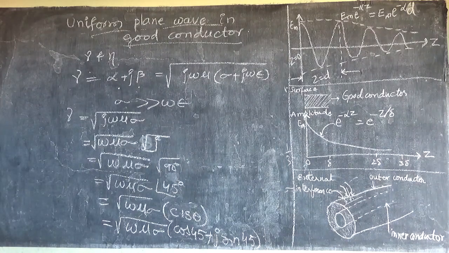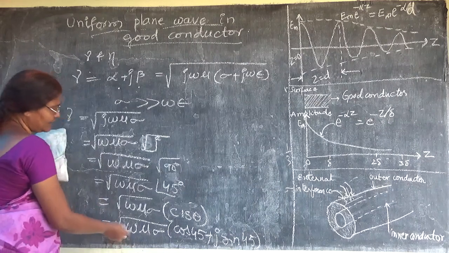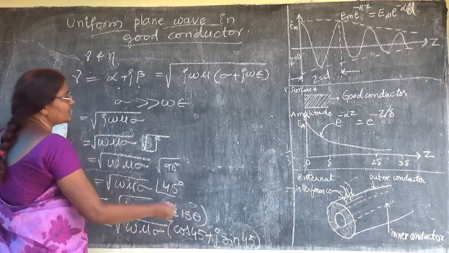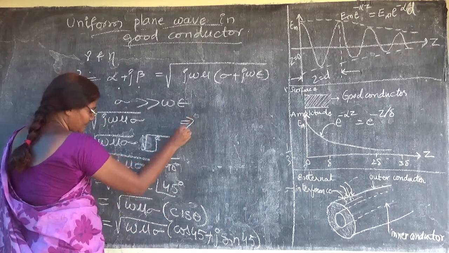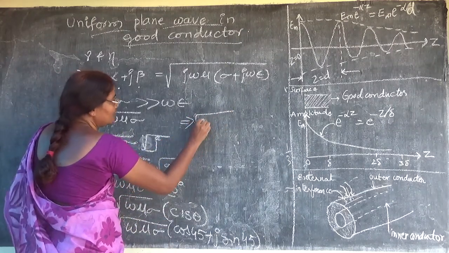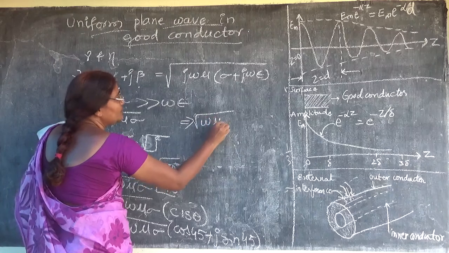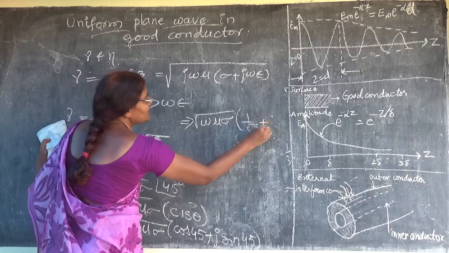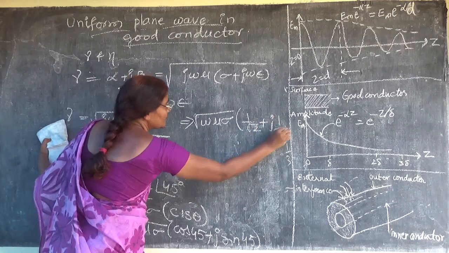Now this root of omega mu sigma into cos 45 plus j sin 45 can be written as root of omega mu sigma into 1 by root 2 plus j 1 by root 2.